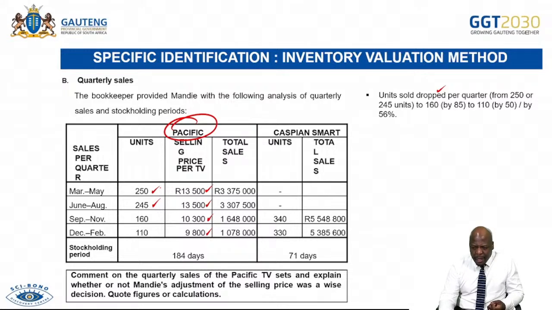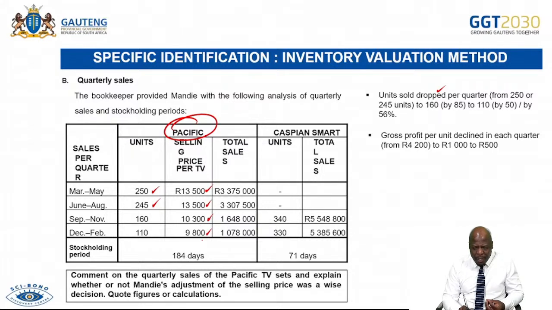And then the gross profit per unit also decreased, from 4,200 to 1,000 and eventually to 500. You are now comparing it with the cost per unit. Remember, with the Pacific, the cost price per unit was 9,300.